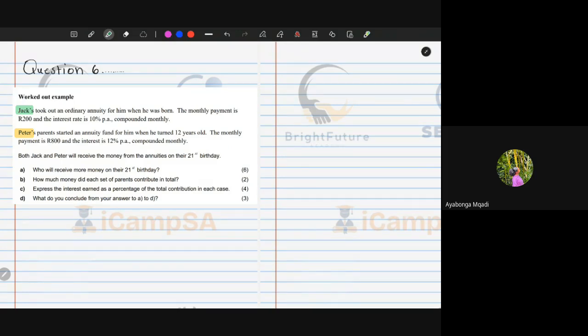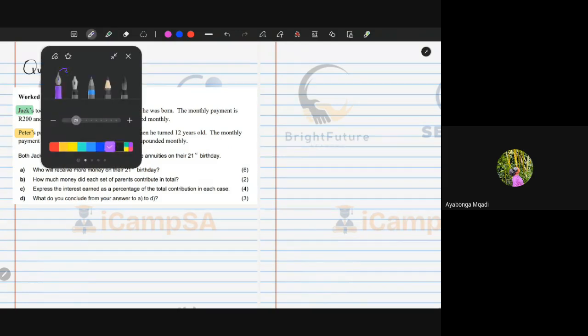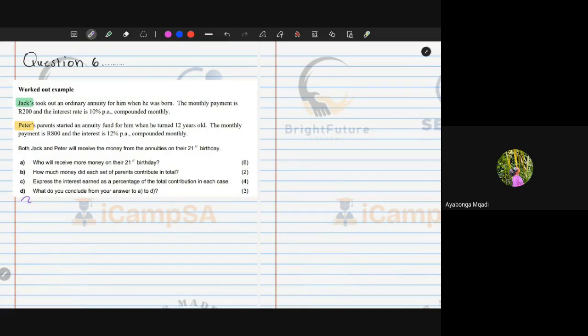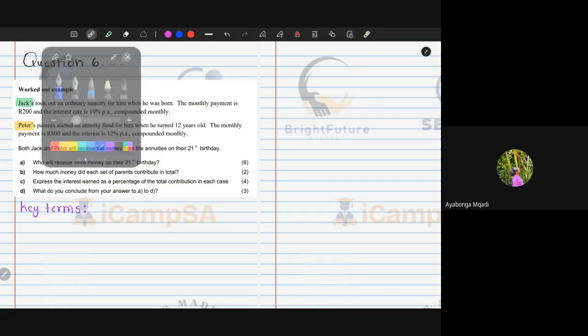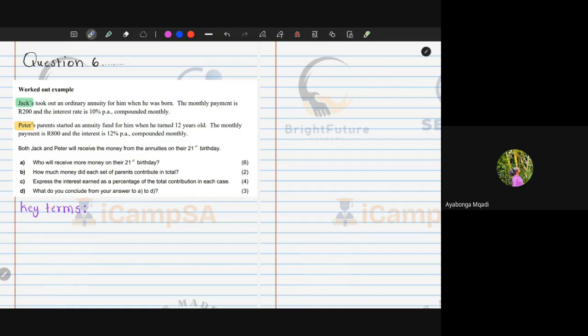So the first thing that I need us to establish, guys, is the key terms. As you look at this problem here, what are key terms that you picked up? Anyone, guys?